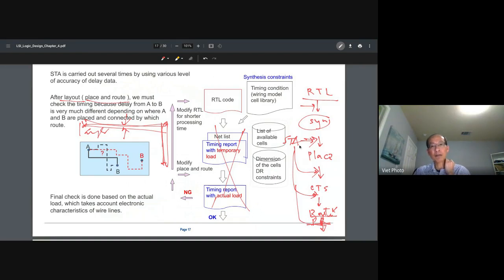You cannot afford to wait a week to find out you did something wrong in placement. You have to monitor it, and if after placement it is wrong, you go back and tune it, redo synthesis, or go to the RTL to adjust it. That's why the STA is done at each step.